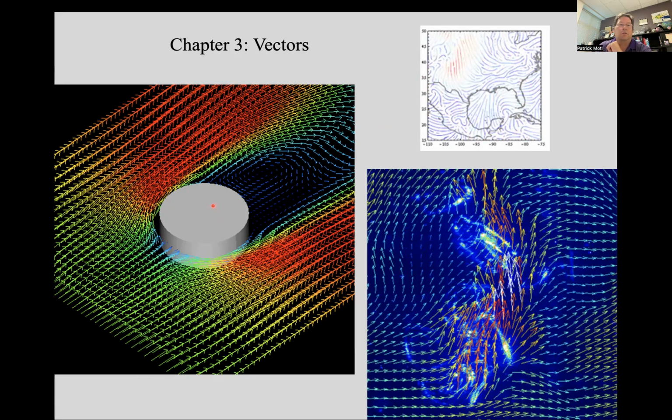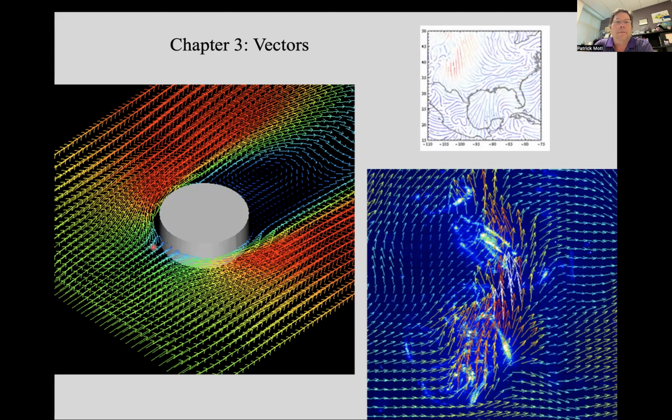A numerical simulation of a flow past a cylinder as an obstruction. And here we have vectors in the representation, and the strength of the vector is communicated to us through the color, and the direction that the vector points is literally the direction that the head of the arrow is pointing.